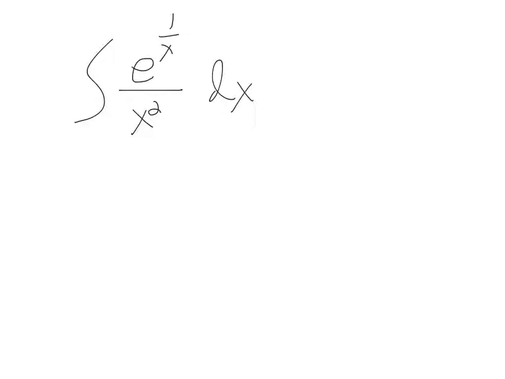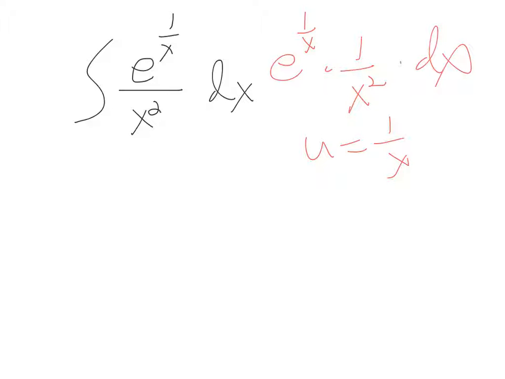Last example in a very long video. Again, the same kind of thing. We don't necessarily want to have 1 over x squared as u, because we can think of this way, and I'm hoping you realize that the derivative of 1 over x is negative 1 over x squared dx. Remember, this is x to the negative 1. Bring down the negative 1.